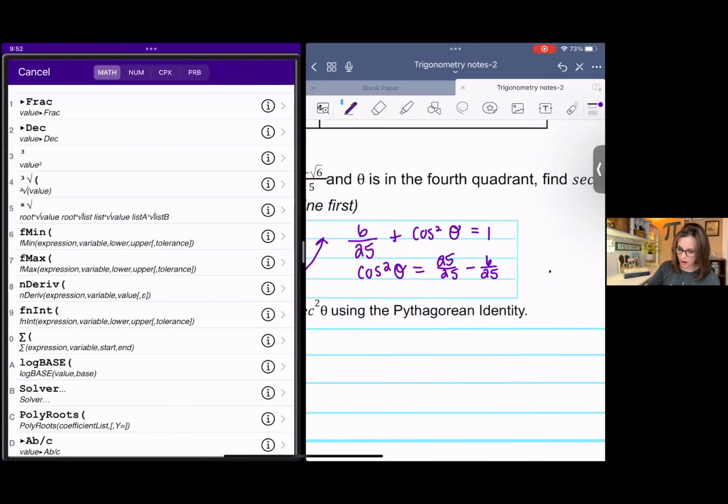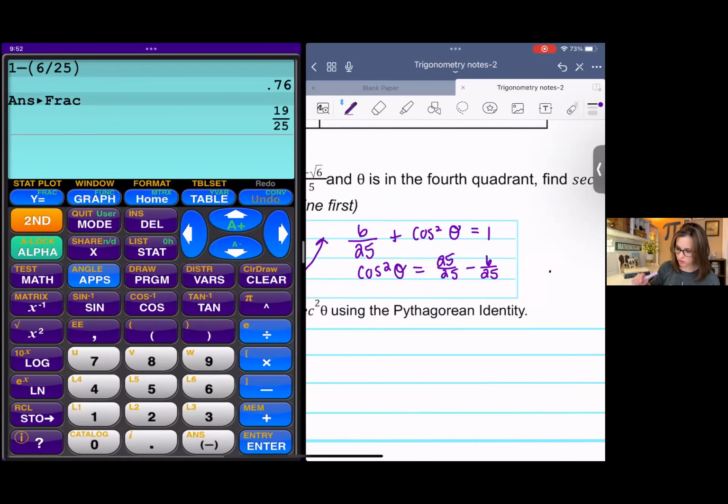And then I'm going to do math, fraction, enter. And I want to keep it in fraction form because you want to do these in exact answers. 19/25. Okay, and then the last step, since it's squared, I'm going to square root both sides to undo the squared.